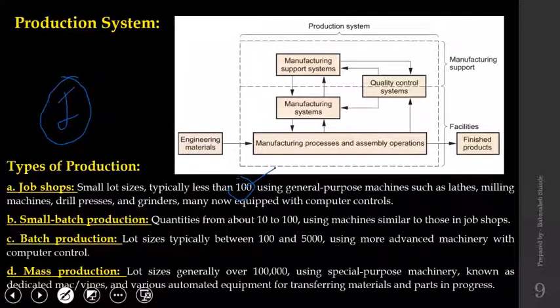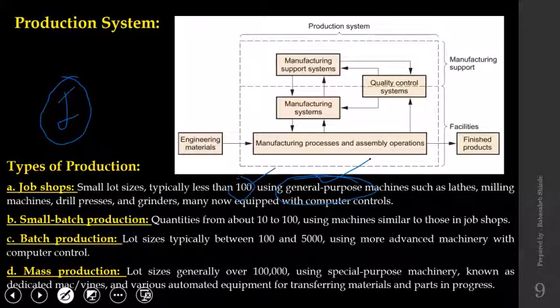So the machine should be general purpose, so that you throw anything at me, I'll get it done. That can be attained only when you have general purpose machines. So you can do anything with those machines. The production rate is going to be very low, but versatility will be more.